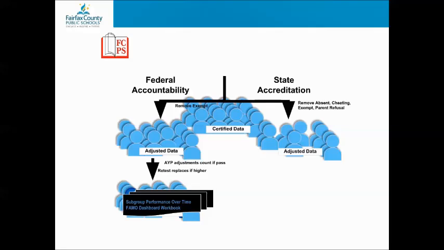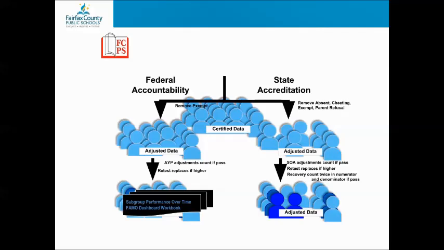What that means is that those state values go through an algorithm where the certified data set has certain data adjusted out based on absenteeism, cheating, parent refusal. There are also other adjustments, including SOA adjustments, retests, and recovery. What this does is result in a second adjusted data set for the purpose of calculating state accreditation.